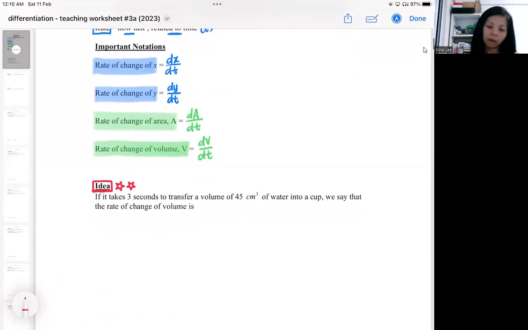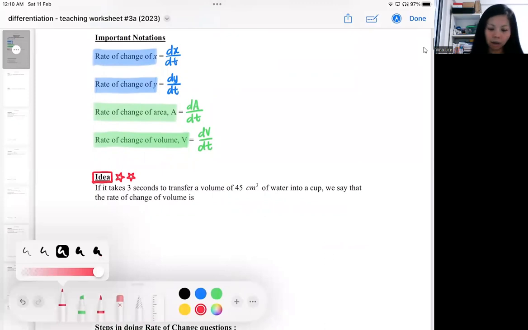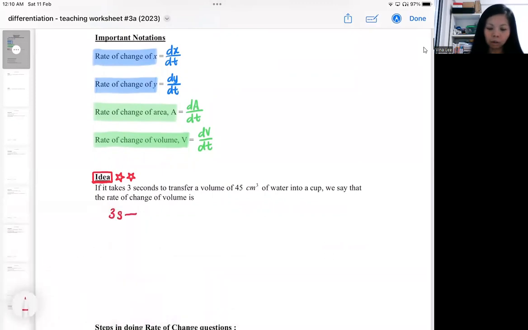A very simple idea would be: if I take 3 seconds to transfer 45 cubic centimeters of water into a cup, you imagine like a dispenser, we can have an idea about the rate of change of volume, how fast the volume is changing. In primary school thinking, we would think, oh, it takes 3 seconds to transfer 45 cubic centimeters.